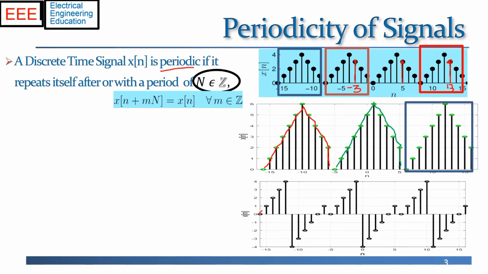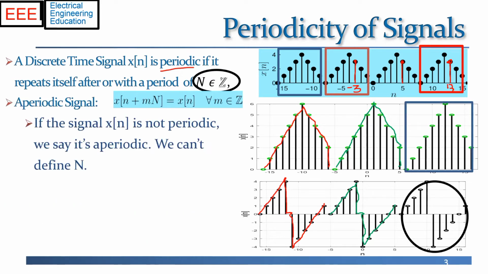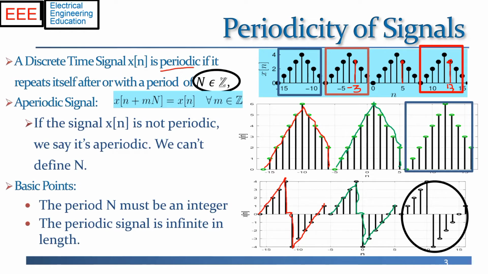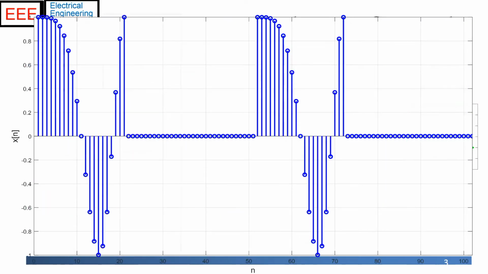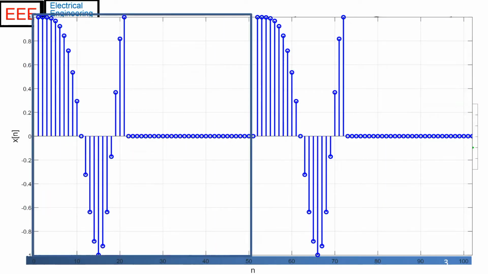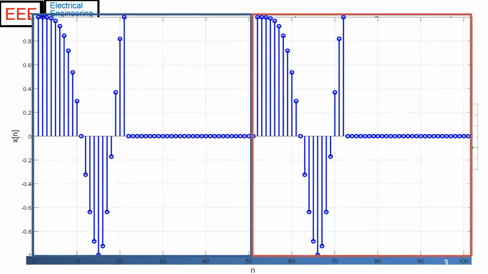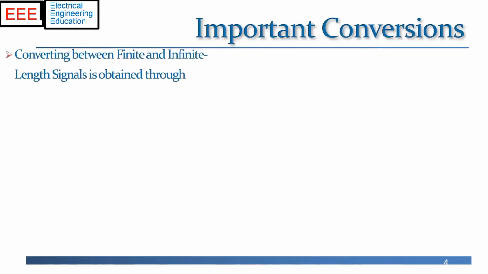Importantly, the period has to be an integer, and if a signal is not periodic, we call it aperiodic. Periodic signals are very useful in infinite length signals. The last example is that of a radar signal, which is a linearly frequency modulated waveform and is sent by the radar repeatedly.